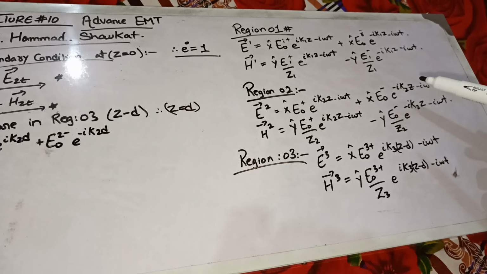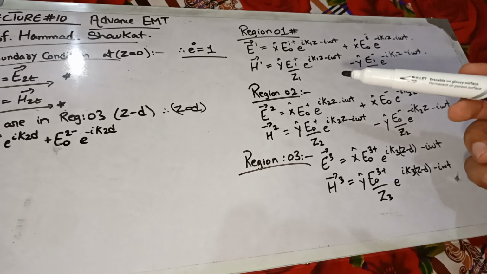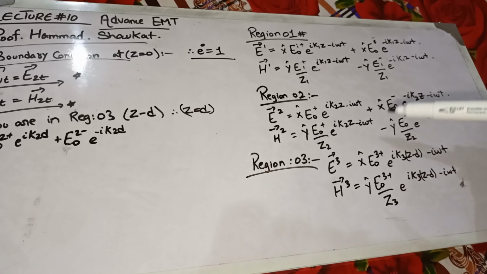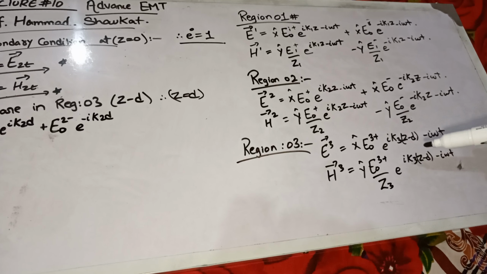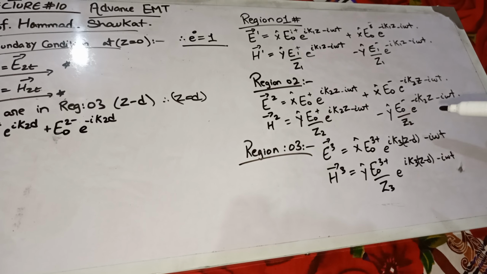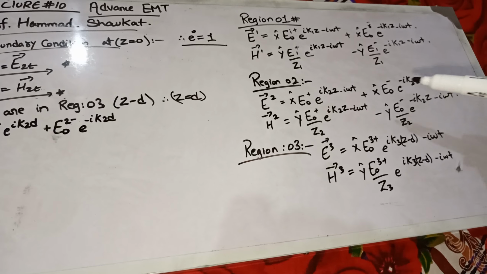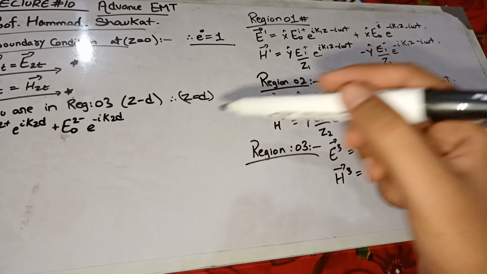Take e power minus iota omega t common from this and this. It cancels with the one on the other side, so e power minus iota omega t cancels with what was taken common. That's why I'm not writing it.